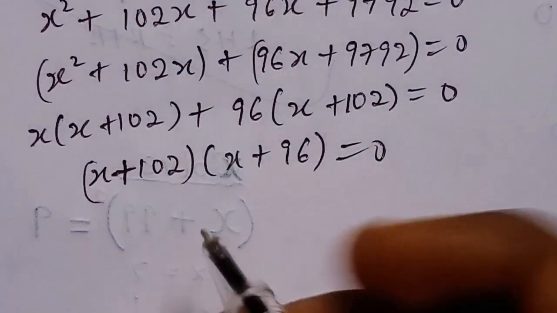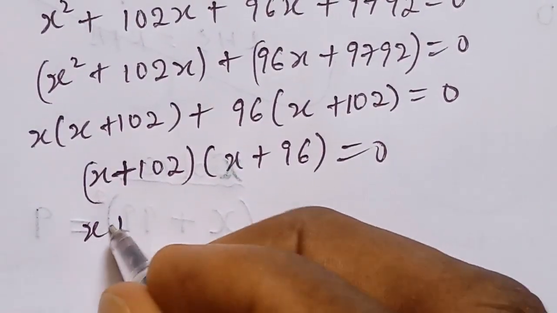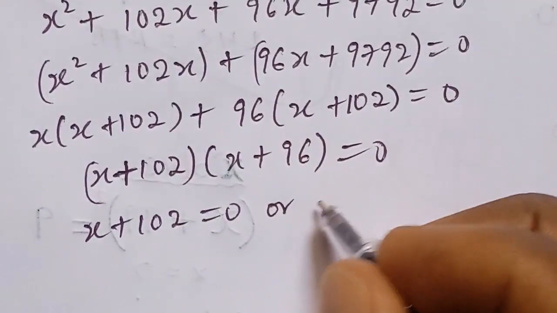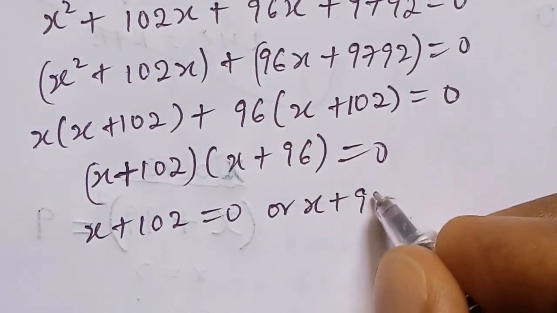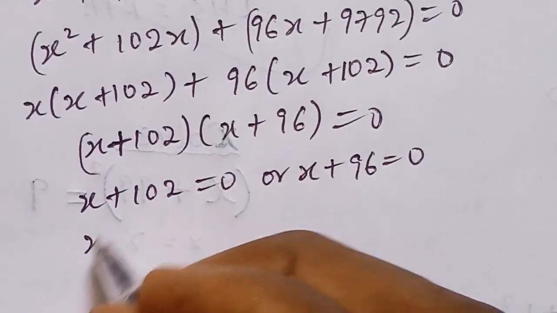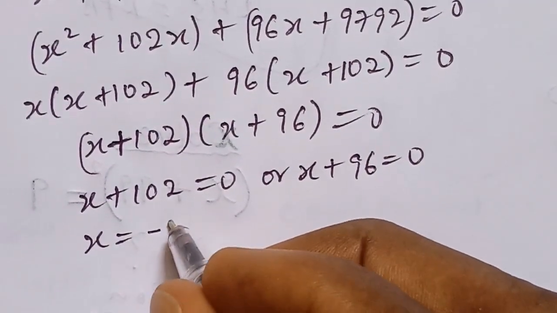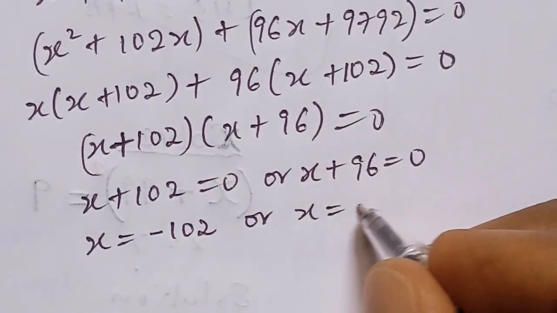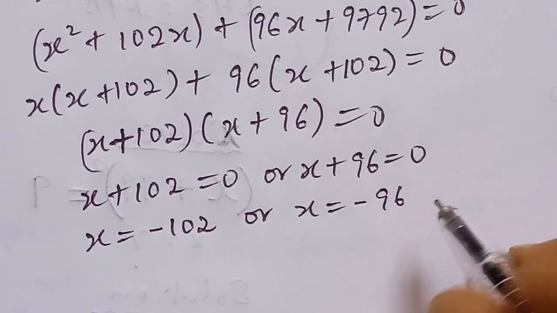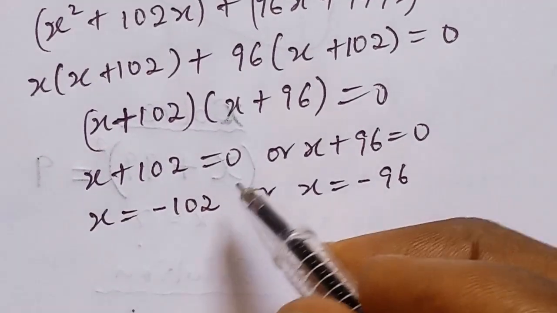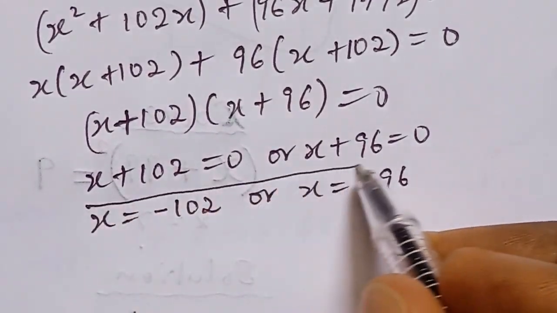This simply means that x plus 102 be equal to 0 or x plus 96 be equal to 0. Then we have x equal to minus 102 or x equal to minus 96. So these are the two values of x for the second method.